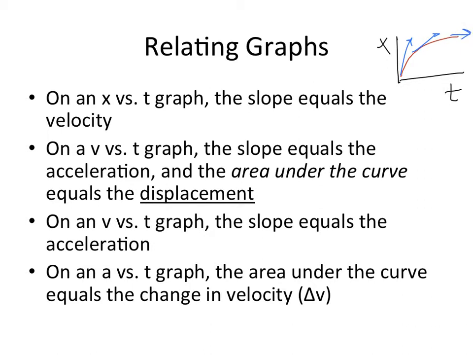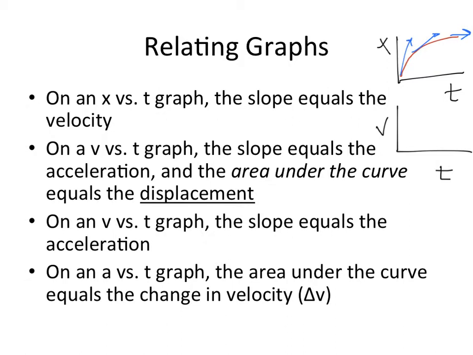So the velocity is changing. But what if we have a velocity versus time graph? What this means, the area under the curve equals the displacement. And I'll point that out in just a second on this very next slide.